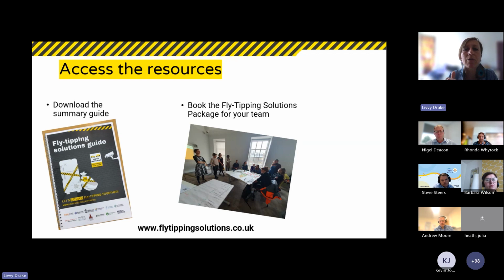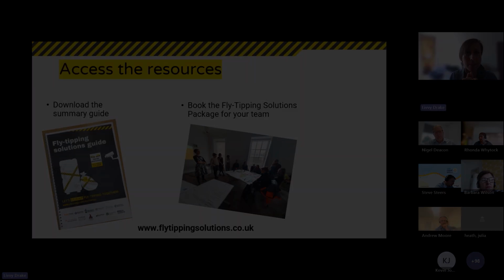So we've categorized things because what we are aware of is that people like your colleagues, MPs, elected members might be coming to you saying, it's a great idea, we're going to do this, and then you can refer back to the guide and say, apparently this is a proceed with caution, because actually it might have a counter effect to what we actually think. So it's a resource to support you in being able to make decisions about the actions that you take. Thank you, Livvy.